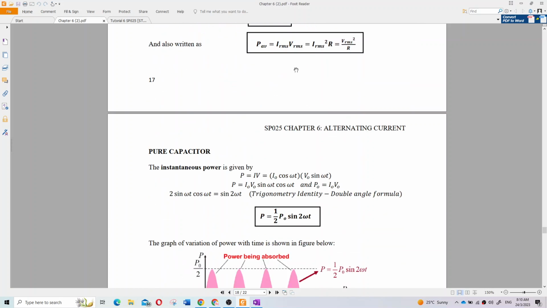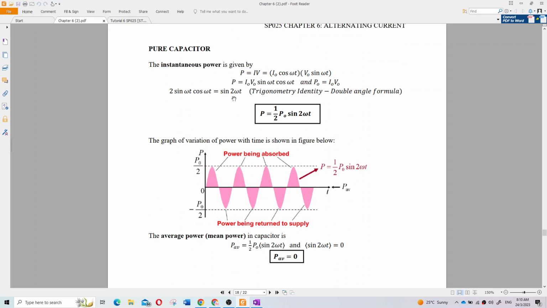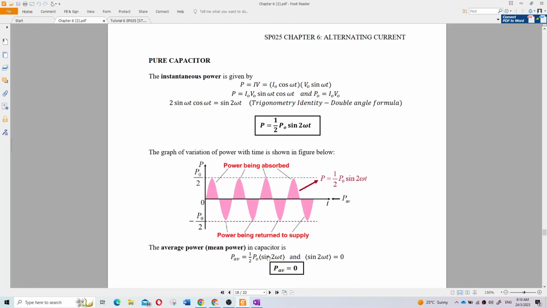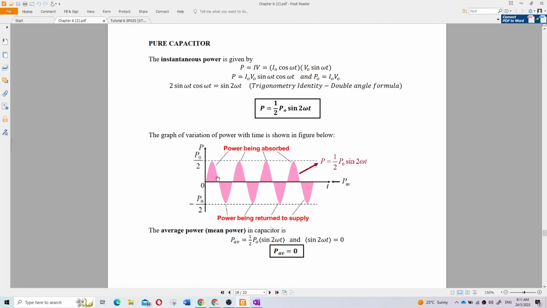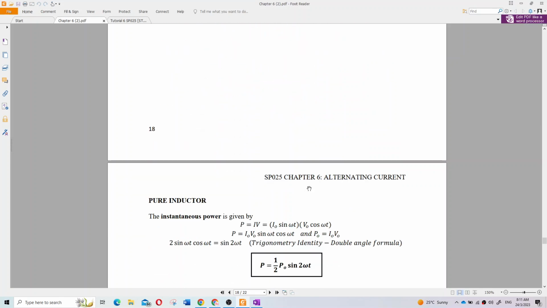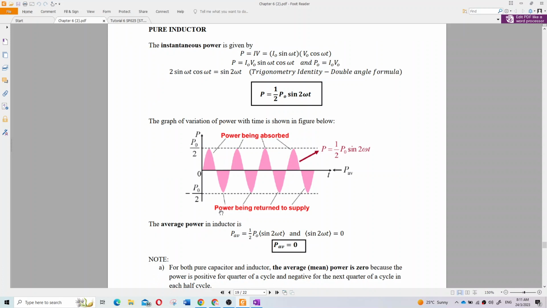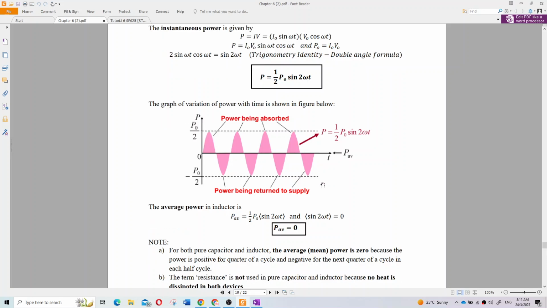Whereas for capacitor, there is no power loss. The average power is zero, because power is being absorbed and being returned to the supply. The same thing goes for inductor. No power loss, the average power is also zero. Power is absorbed and returned to supply.